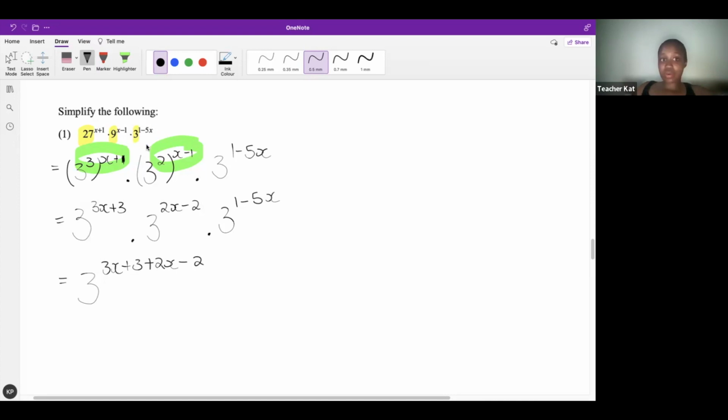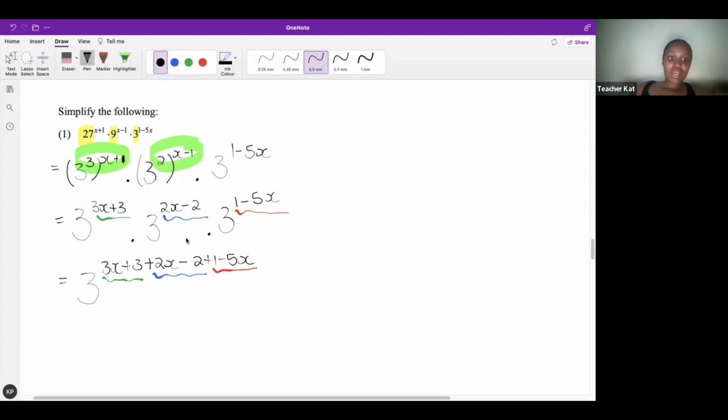Look at the question. Remember the others we changed to bases of 3. But the last one was already to the base of 3, so we didn't actually change it. So this one is for the first one, and then we said plus the second one. And finally, plus the third one, which was the same since the start.